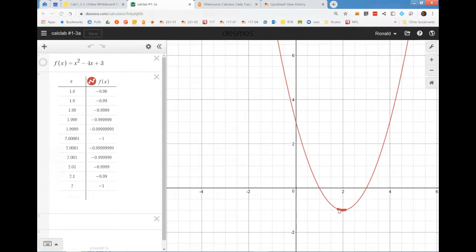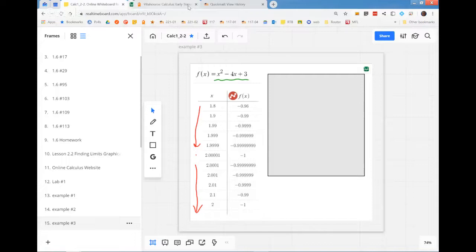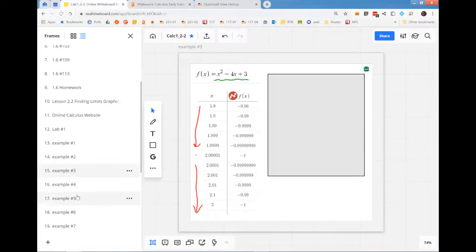That one's 1.8, that one's 2, then 2.1. So those basically mimic the points in our chart here. This time we don't have any undefined value. There's no hole in this graph. Okay, let's take example 4.